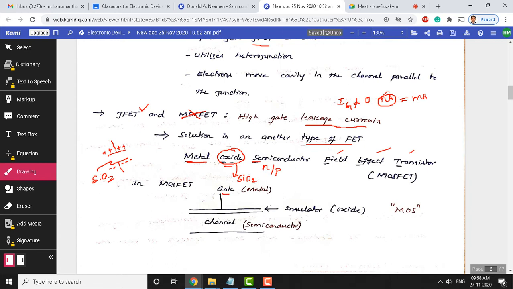Within this, the movement of charge carriers takes place. If it is an N channel, electrons will keep moving in this channel, or if it is a P channel, holes will be injected in this channel from one side to the other. These charges move under the influence of the gate voltage, which is applied to the top layer called the metal, and in between them, the gate metal and the channel, there is a silicon dioxide layer.